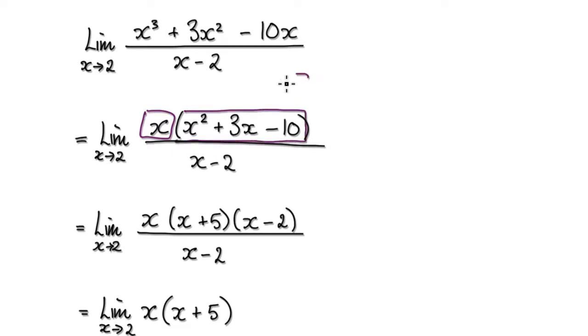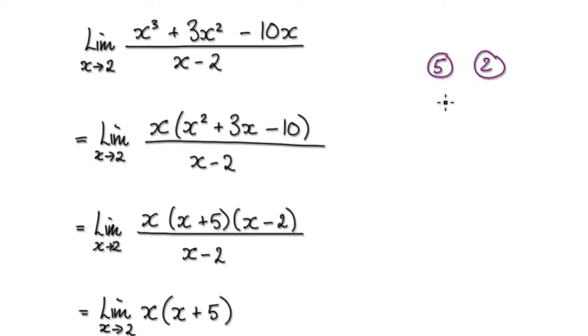But then if you look at this block, you can factor this out even further, because when you look at this, your eyes zoom into the 10. 2 numbers multiplied together to give you a 10. Well, it could be a 5 and a 2, or it could be a 10 and a 1. But then you also have to create this 3 here. Well, a 5 and a 2, you can create a 3 with this.